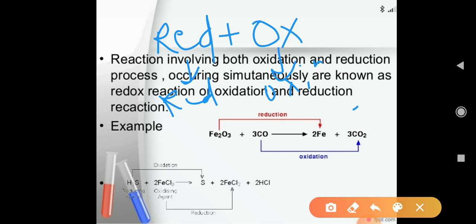Now an example of this: Fe2O3 plus 3CO, where CO is carbon monoxide, and it gives 2Fe plus 3CO2. Now see carefully in this reaction, this Fe2O3 is converted into Fe, and this CO is converted into CO2.